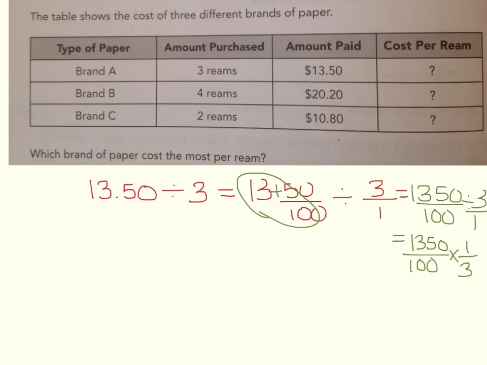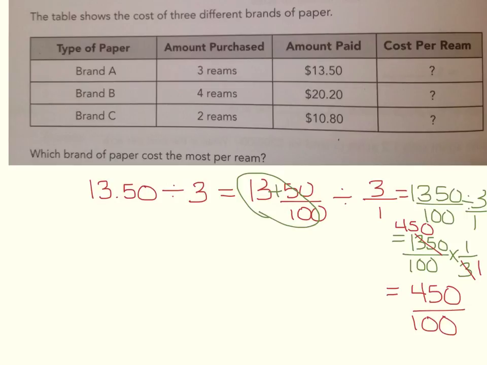So looking the first way, on 101 we can't cross simplify, but then we look at 1,350 and 3, and you could divide by 3. 3 divided by 3 is 1. 1,350 divided by 3 would give you 450. So when you multiply across, 450 times 1 is 450. 100 times 1 is 100.